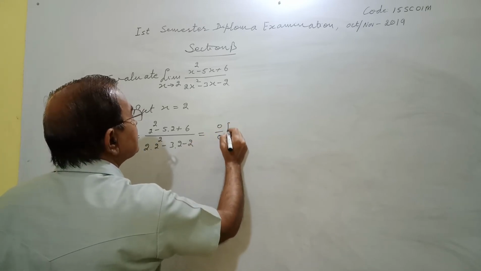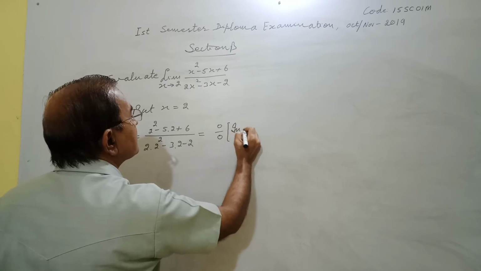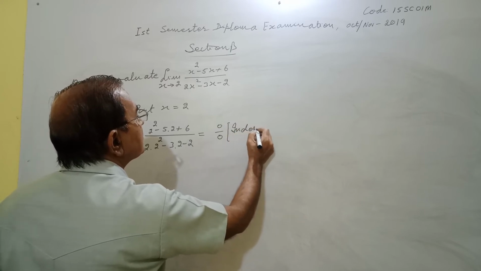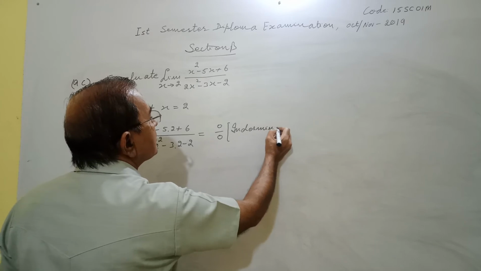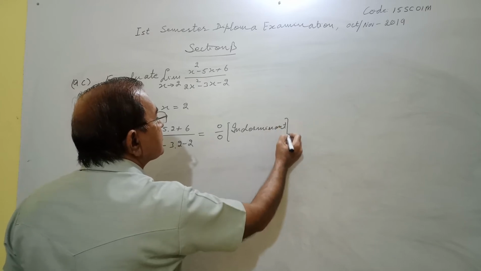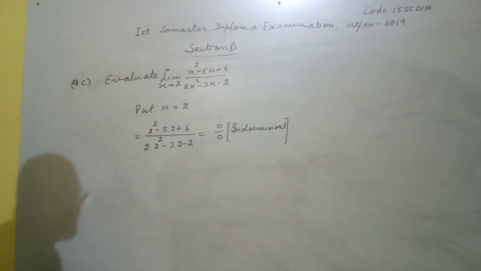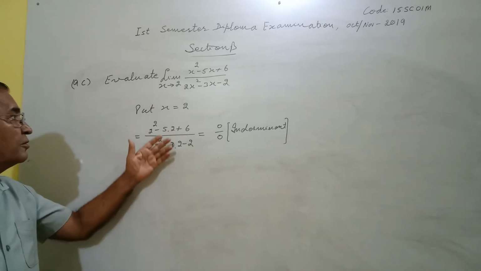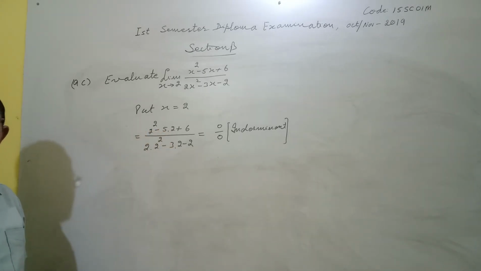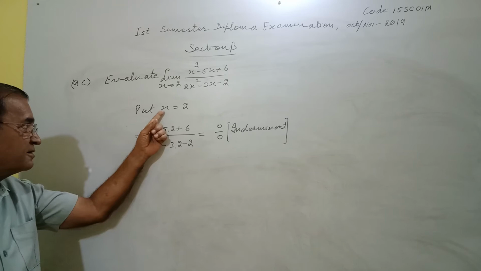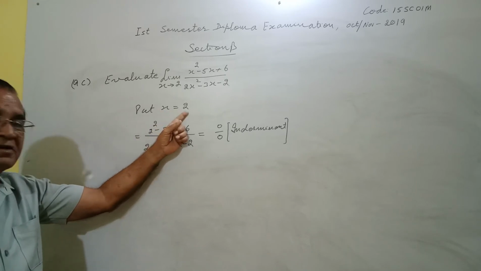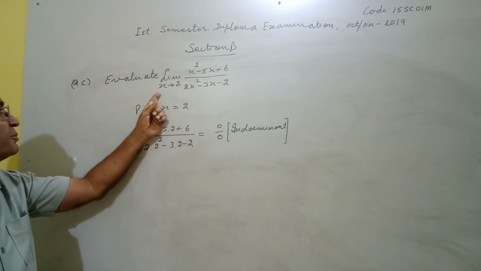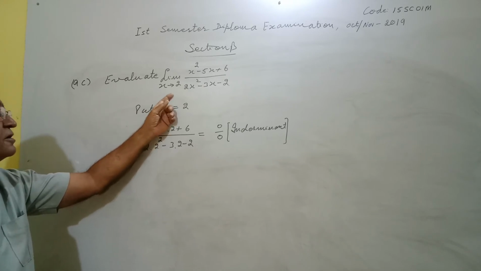That is indeterminate. So when it is indeterminate, there are 2-3 methods.